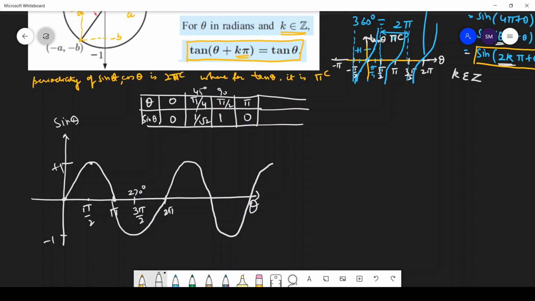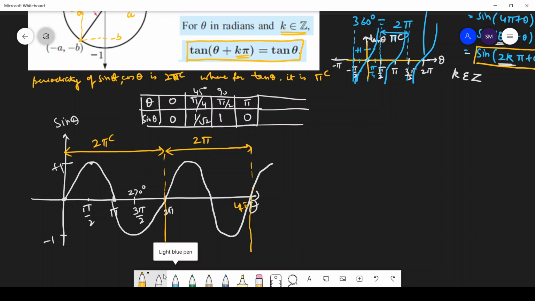So you can see, students, that this is 2 pi and this is 4 pi here. You get the same graph. So the graph will repeat itself after 2 pi radians. So periodicity is 2 pi.